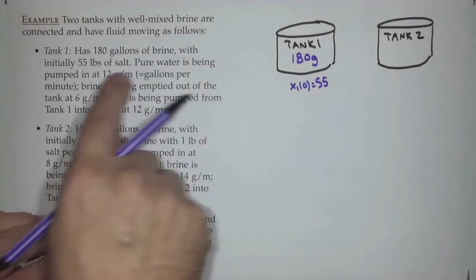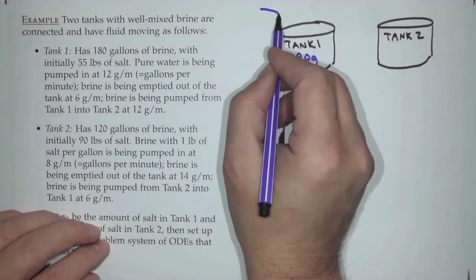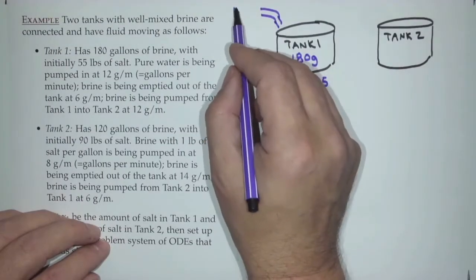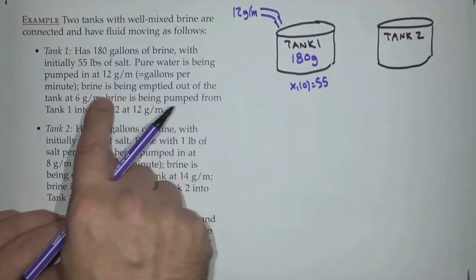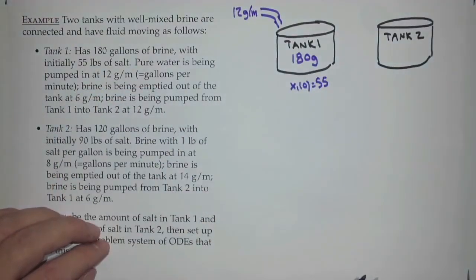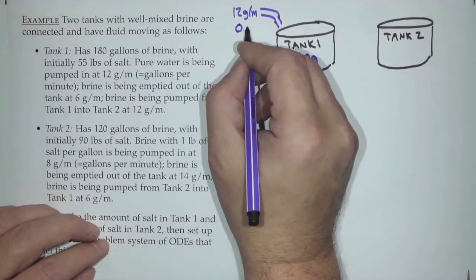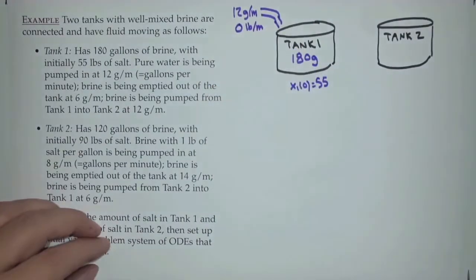Pure water is being pumped in at 12 gallons per minute. So we have something coming into our tank at 12 gallons per minute, and it's pure water. How much salt is in there? 0. That's like Ames water. No salt in it. Beautiful, beautiful water.